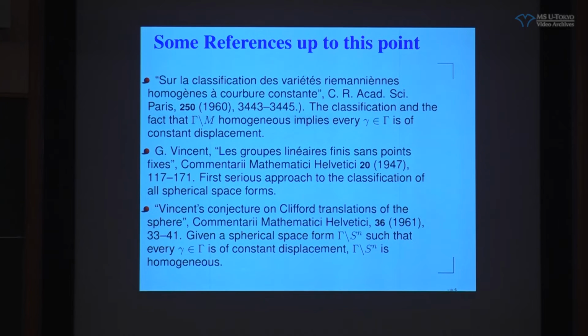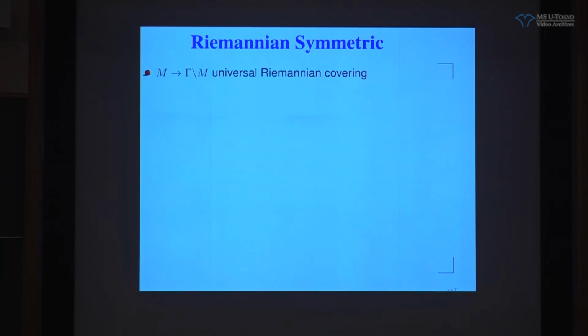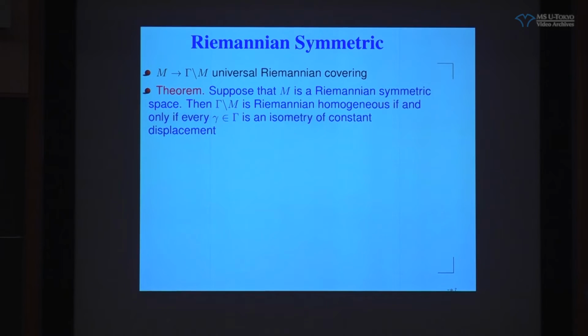Okay, so the next situation, somewhat more general, is where M is, say, a Riemannian symmetric space. And then again, I claim that M, the Riemannian quotient, is homogeneous if and only if every element of each of these transformations is constant displacement.